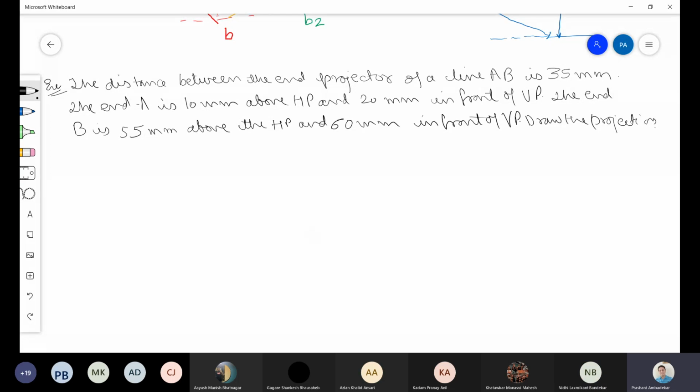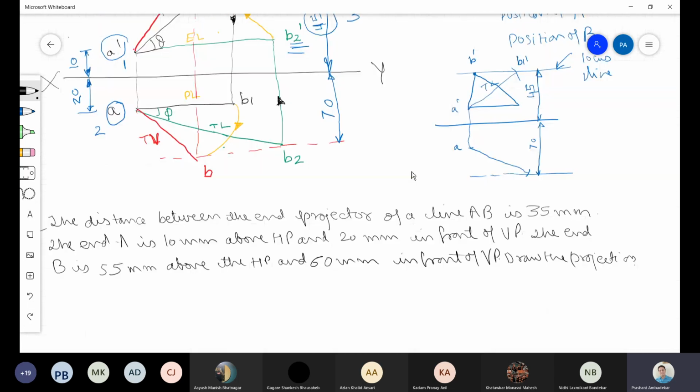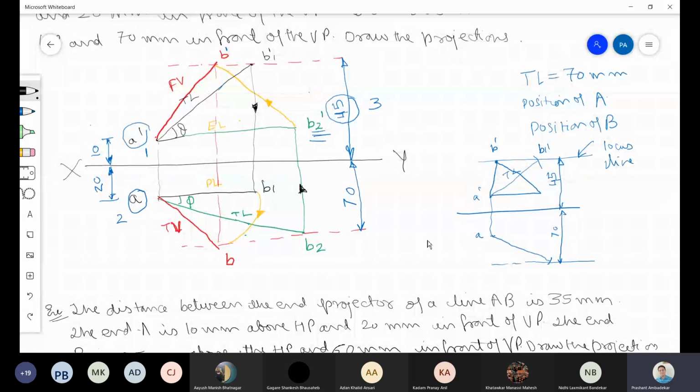All those who have not done, they can pay attention here. Again, it is the basic sum. The distance between the end projectors of a line AB is 35 mm. It means that, see this distance, which is the distance between end projectors.